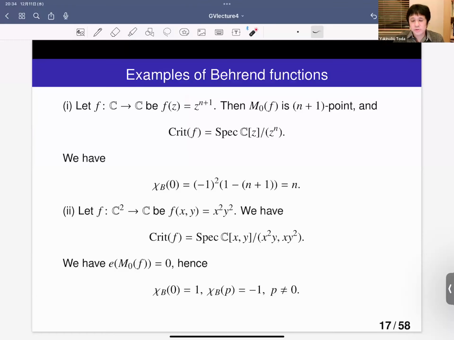And in this case, of course, there is only one point. And the value of the Behrend function at this point, if we apply the previous formula, is given in this way. This is the Euler number of the Milnor fiber, and this is the (-1) power of the dimension of the ambient space. And so this gives just n.